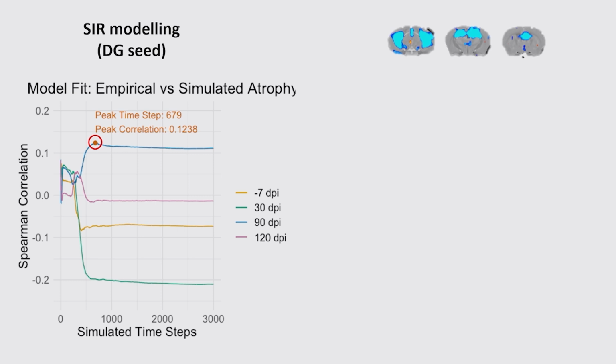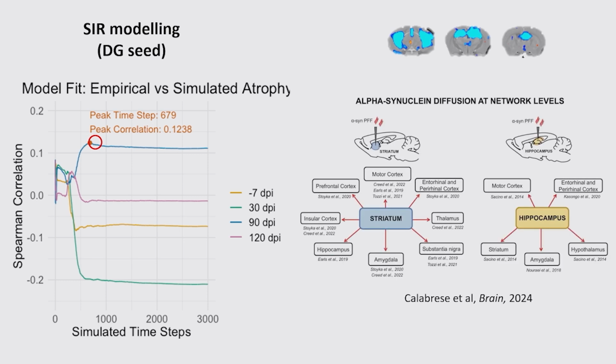And this is true if we put it through our computational model as well. And if we compare this to different papers that have done this type of injection and looked at spreading, they see spreading of alpha-synuclein to all sorts of different areas, whether you inject in the striatum, like some of the ones that we saw in our earlier experiments, or if you inject in the hippocampus.